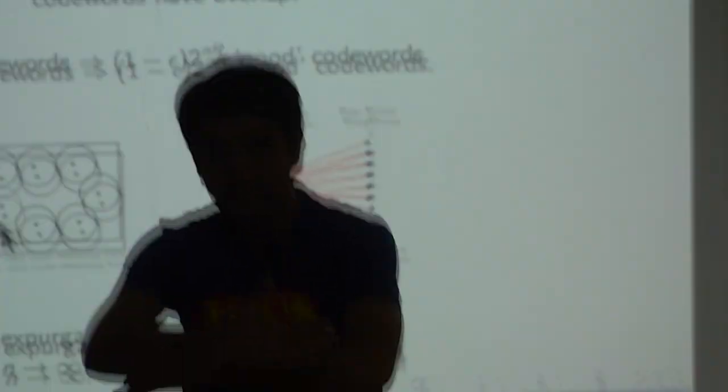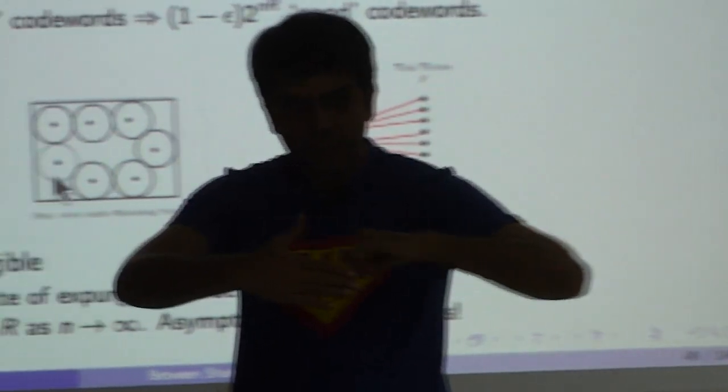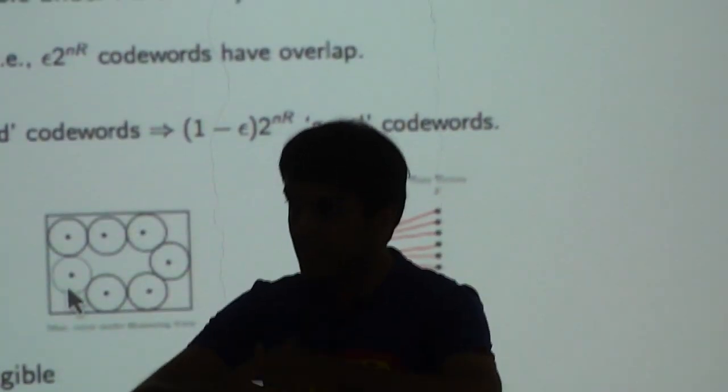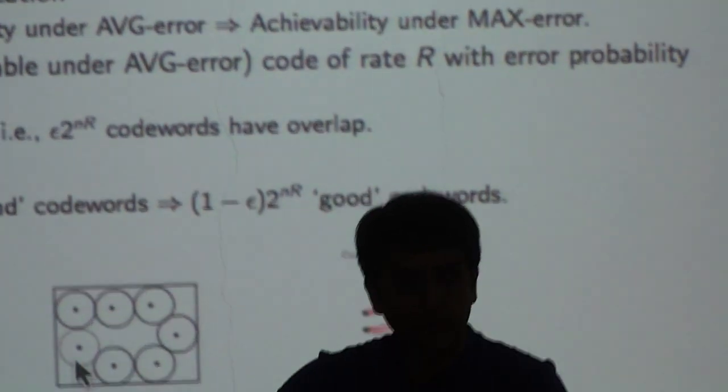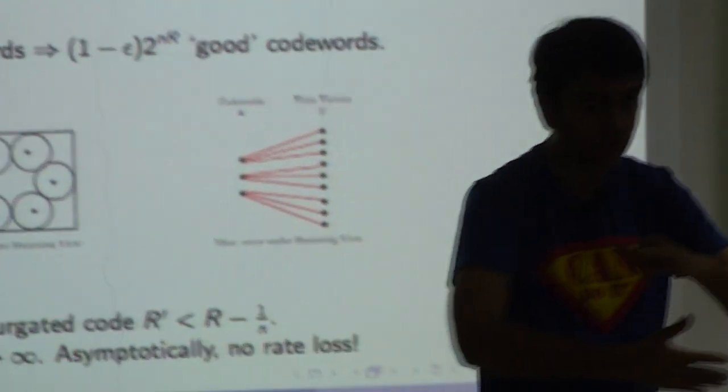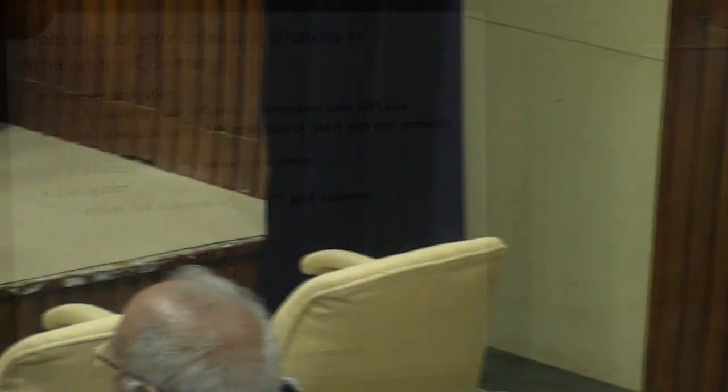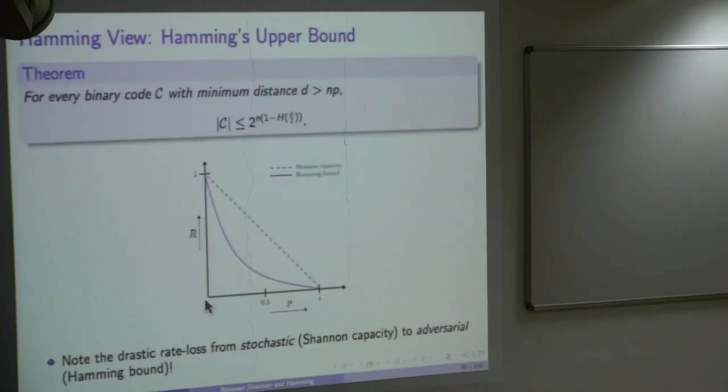Because if there's a pair of sequences which differs in fewer than pn locations, the adversary can always erase those specific locations, because the adversary can erase pn locations, and then the decoder would be confused between these two different things. So every pair of sequences has to differ in at least pn locations, even in this erasure channel model.